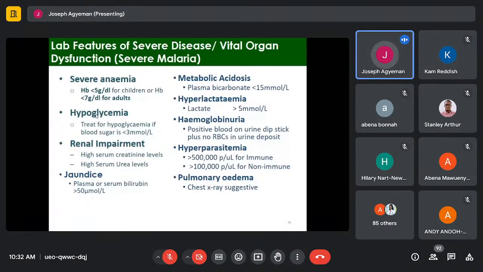We said hypoglycemia could occur. What are some of the possible causes? You are not eating, you are vomiting anything that you eat. You may have liver issues so that you can't do glycogenolysis or gluconeogenesis. The sad thing is that even the parasites will feed on the small amount of glucose that you have in your plasma, which further decreases your plasma glucose.